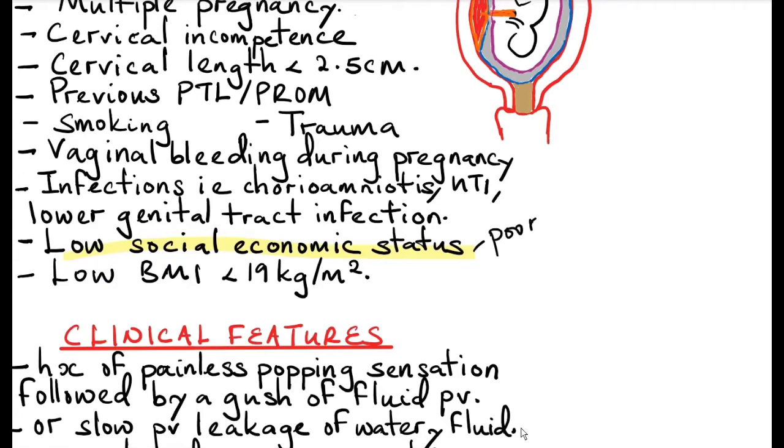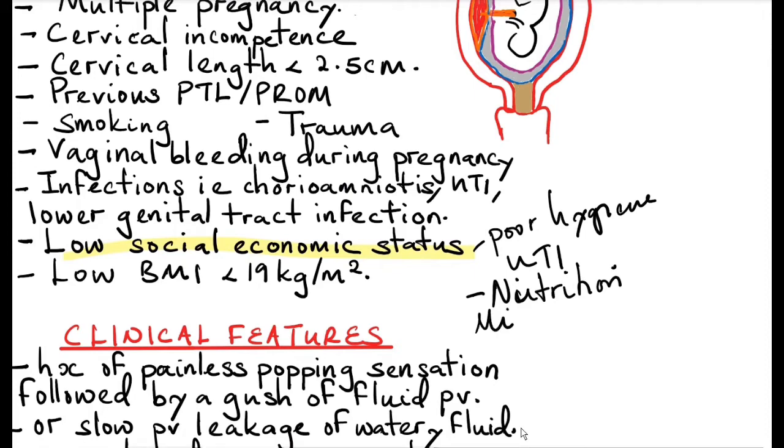They are at high risk of urinary tract infections and lower genital tract infections, and also because of poor nutrition, so probably because of micronutrient deficiency like zinc and vitamin C. Remember, these two are important in collagen formation. They strengthen the connective tissues. Low BMI has also been associated with PROM, P-PROM, and preterm labor.